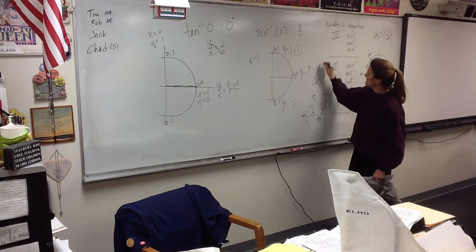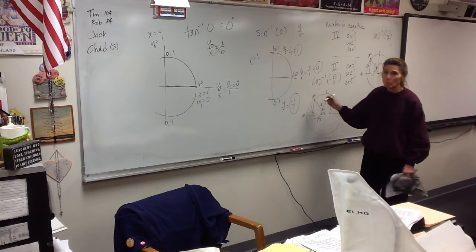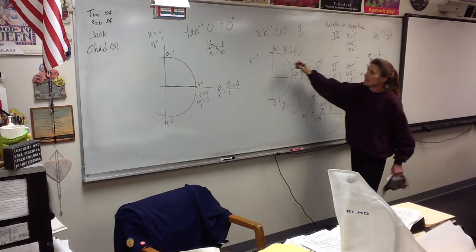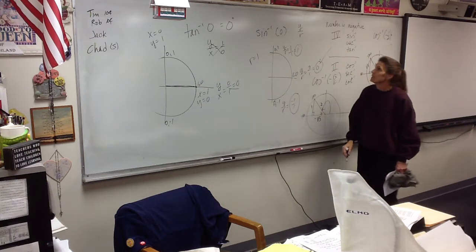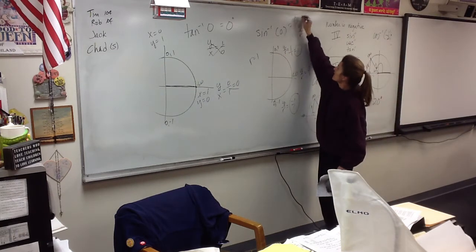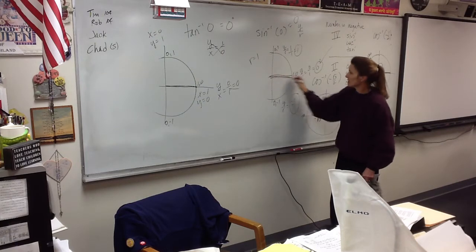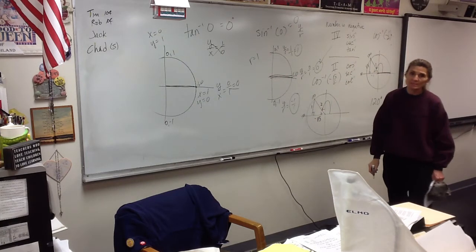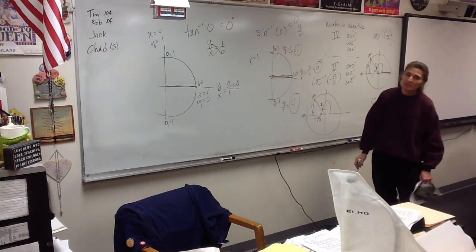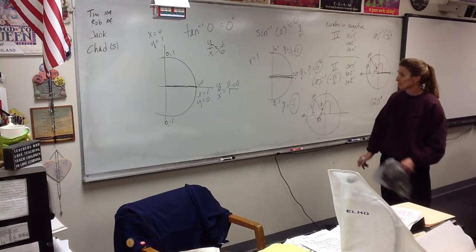Which of these answers is the one I want? This one, because it says I want the sine to equal 0. So once again, the answer to the problem is this angle, which is 0. You could also say 360, but nobody ever does, so 0 is the best answer.